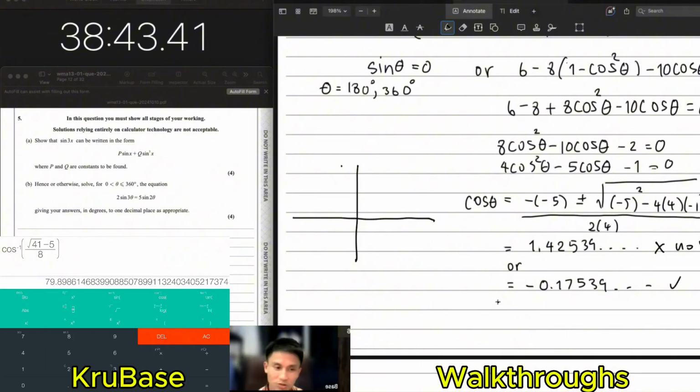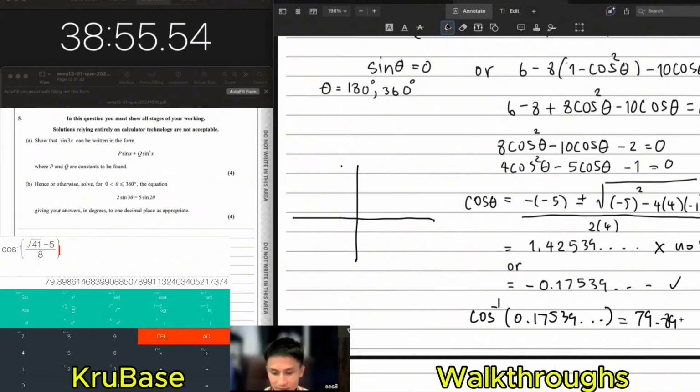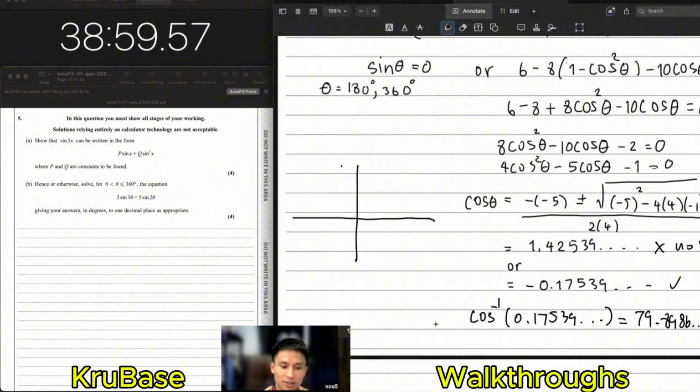There you go. So that is my basic angle in degrees. So arc cos of 0.17539 dot dot dot is equal to 79.8986 dot dot dot. Okay, so this is my basic angle. So again, cos being negative, we want the second quadrant and the third quadrant, and the basic angle being here.